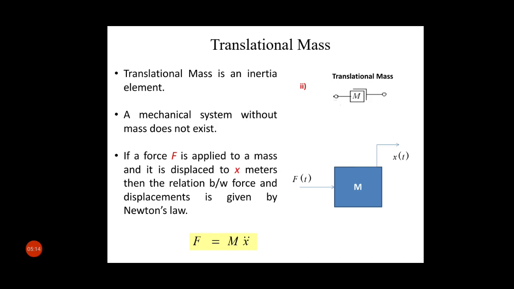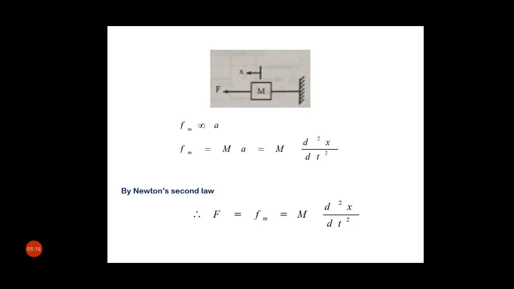When a force capital F is applied to a mechanical body whose mass is capital M and displacement takes place, a reaction force, small f suffix small m, is generated in the body in the direction opposite to that of the applied force, that is capital F.